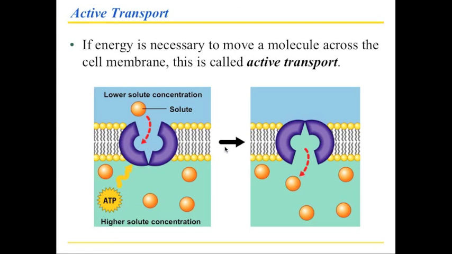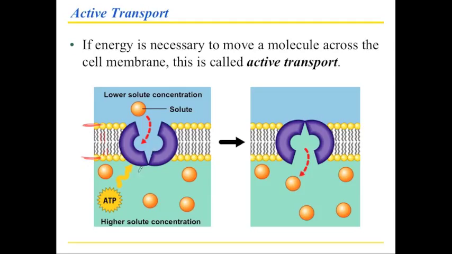Now, active transport is something where energy is required. Energy is required, and so when you look at this image, you can see right away, there's ATP. And so here is the case that we saw already when we talked about ATP. This is your phospholipid bilayer, so you have the phospholipid heads and the phospholipid tails, and out here is something that the cell would like to have, but the molecule is a little bit too big for it to just float through the cell membrane, and so what you need to do is bring it in.